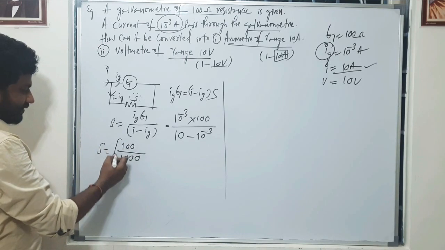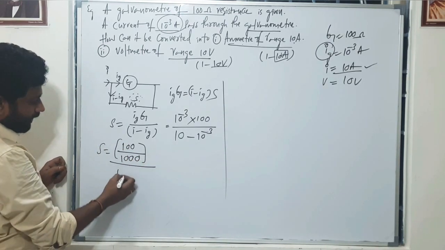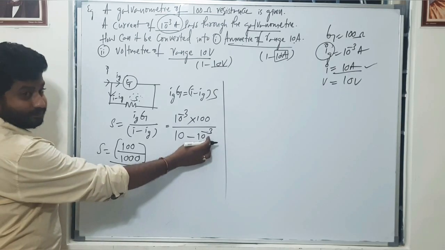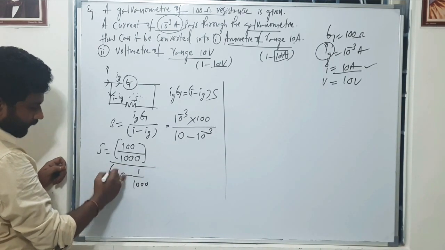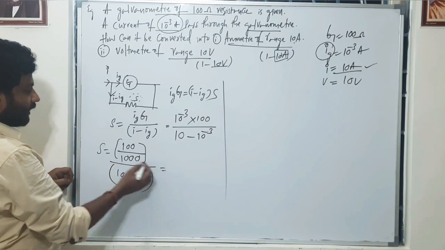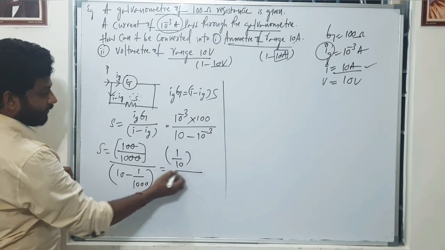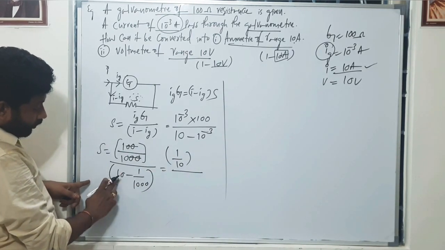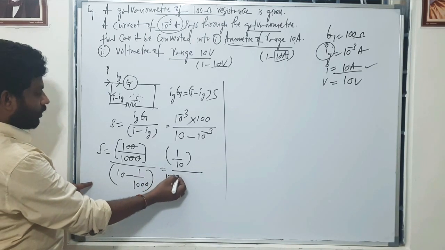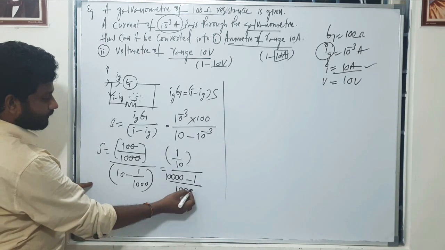So this is the numerator, divided by the denominator. 10 minus 1 by 1000. Here it will be 1 by 10 divided by 10,000, 1000 into 10. It's 10,000 minus 1 divided by 1000.